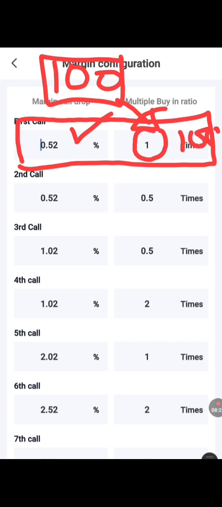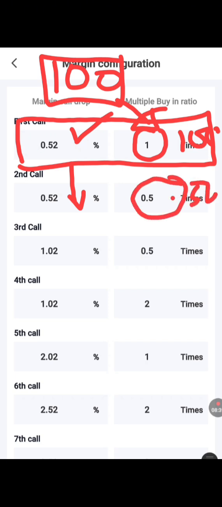In case the market price dips further from this point by another 0.52, the robot is going to pick our $100 and multiply by 0.5, meaning here the robot will use $50.